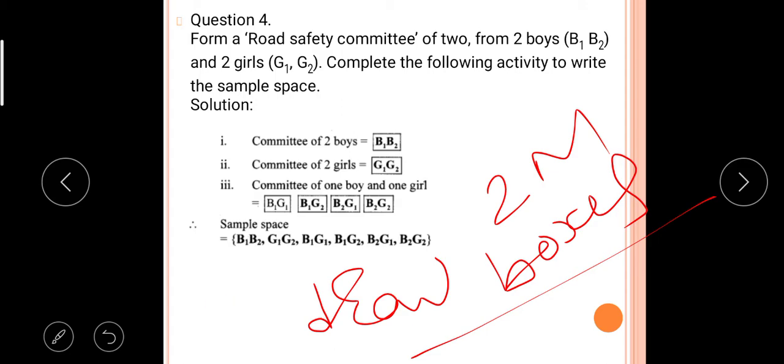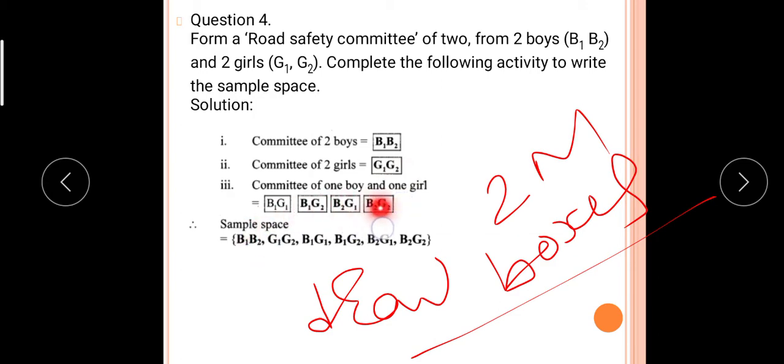So the committee of 2 boys is B1 B2. Committee of 2 girls is G1 G2. This is a board rule, huh? So don't take it easily. Committee of 1 boy and 1 girl. Now see B1 G1, B1 G2, B2 G1, B2 G2.